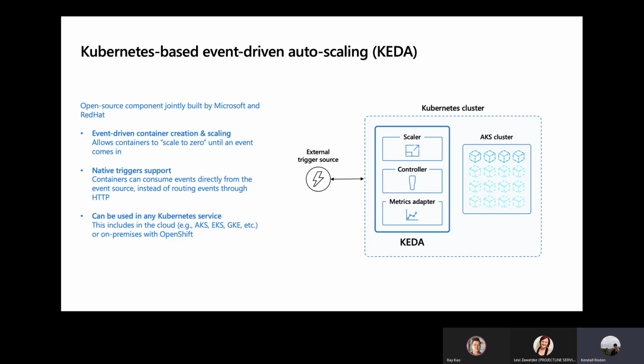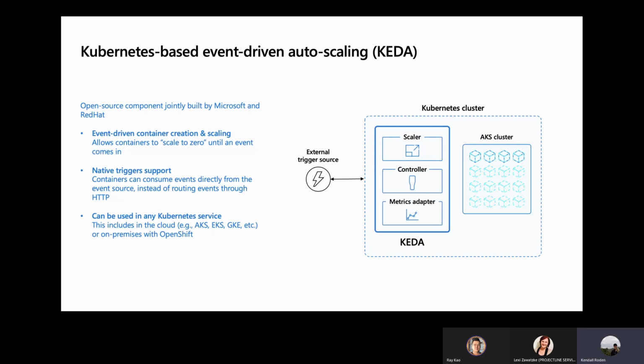KEDA is a really interesting project that was developed jointly by Microsoft and Red Hat. And in April of 2020, about a year ago, it was donated to the CNCF. And so it gets a lot of that open source community contribution, which I think is really valuable.